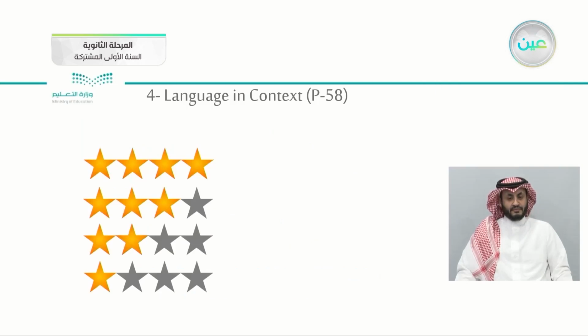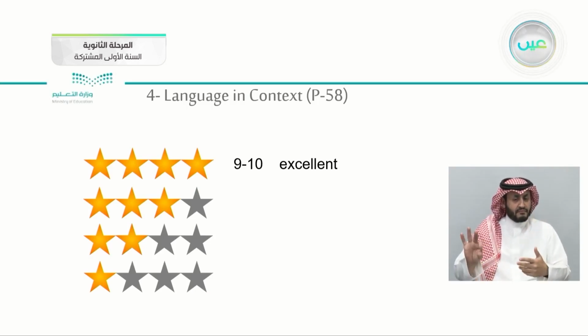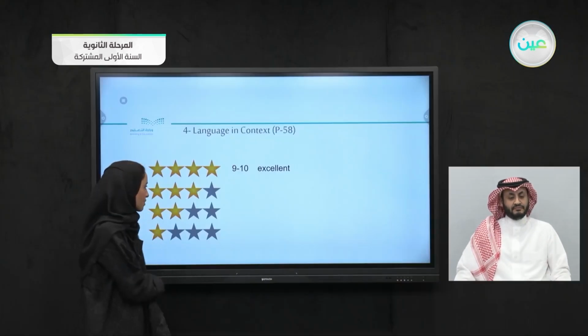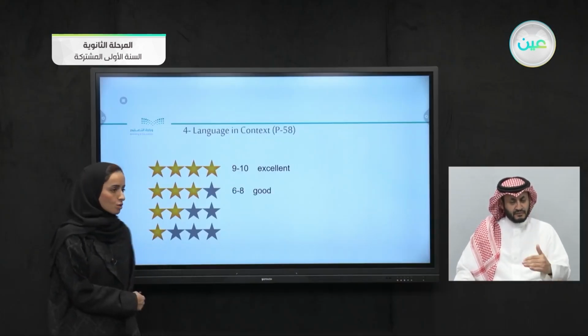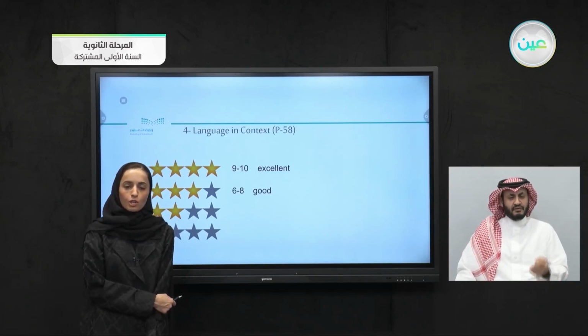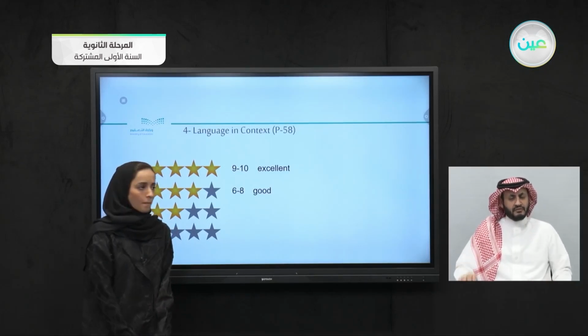Just go over your answers. How many answers have you come up with that were right? If you have 9 to 10 answers right, you will say, I have good information or general knowledge. However, if you have 8 to 6 right, let's say 2 to 4 mistakes, you have good knowledge.